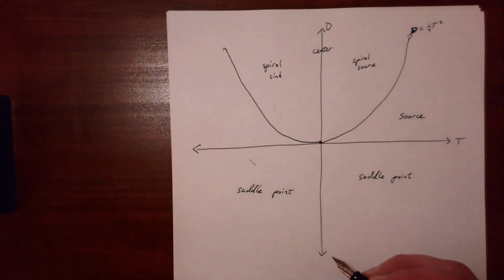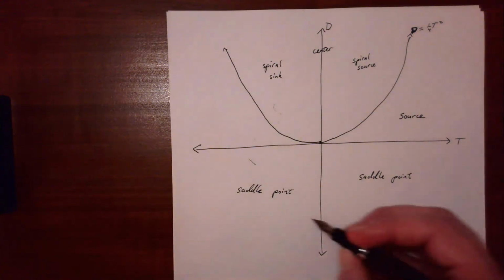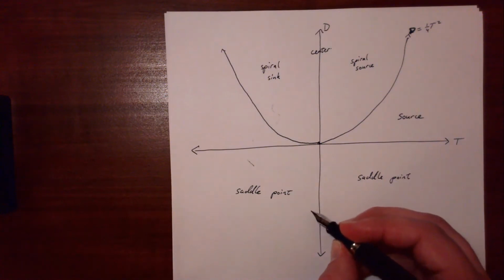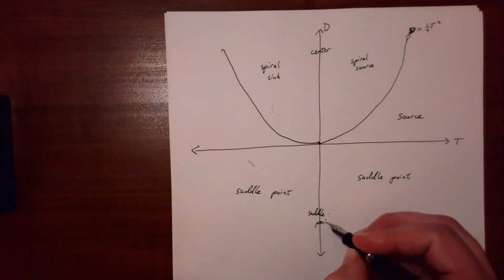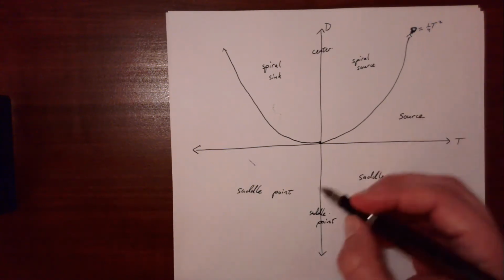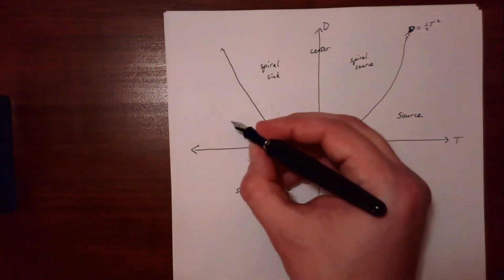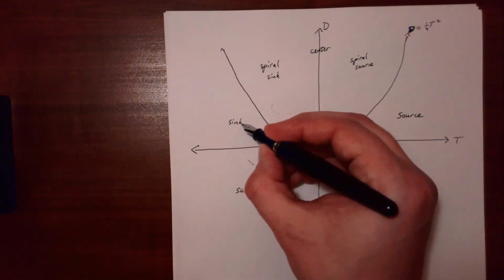Now, if the trace is equal to 0, then we've got a super saddle point where they are actually of equal magnitude. So that's what would be over here, and over here we just have a sink.